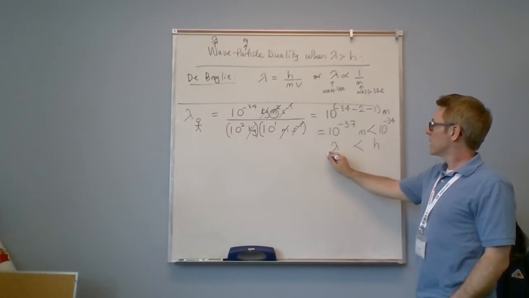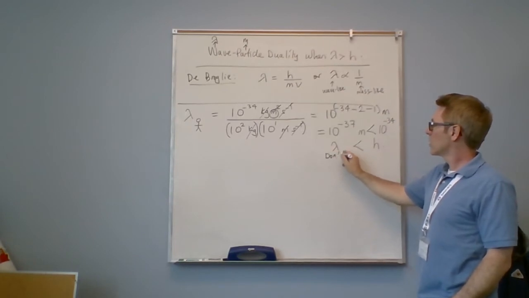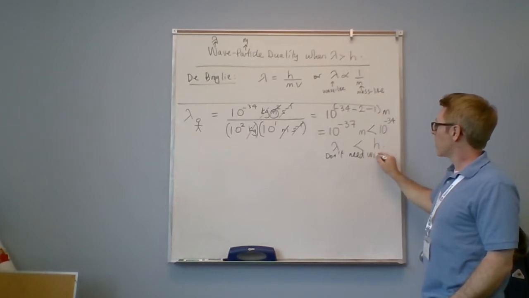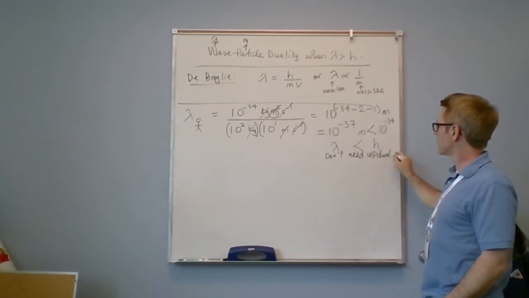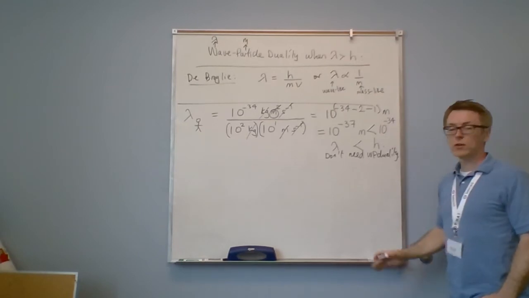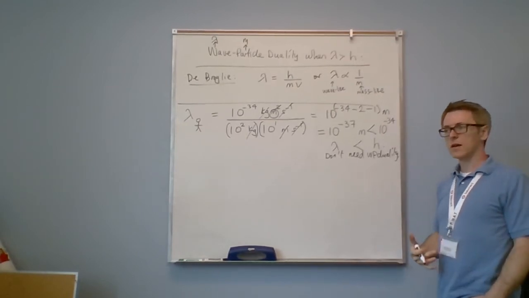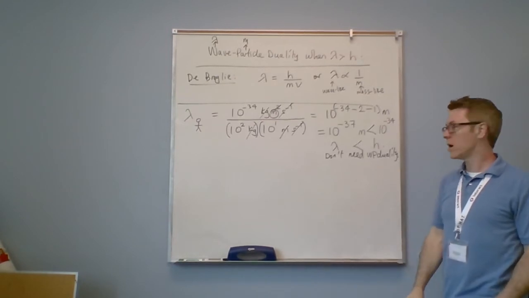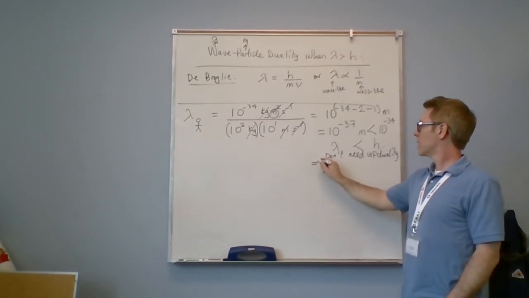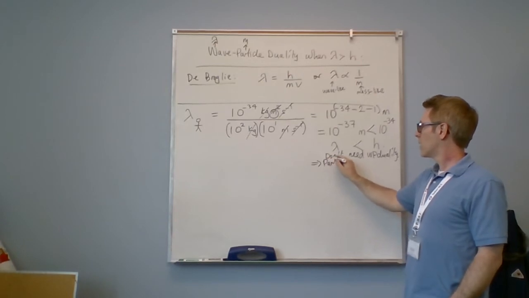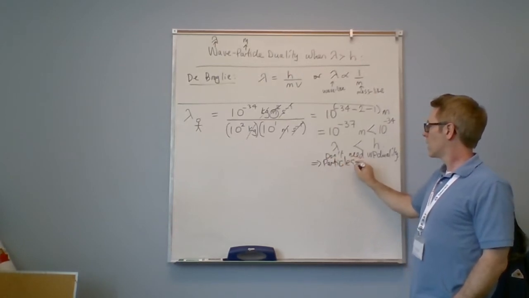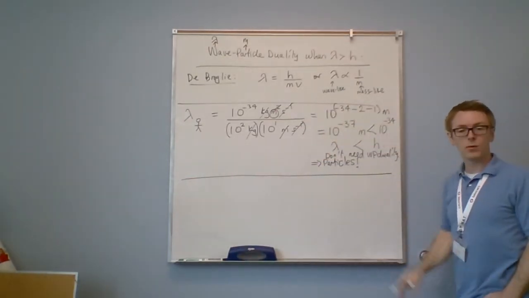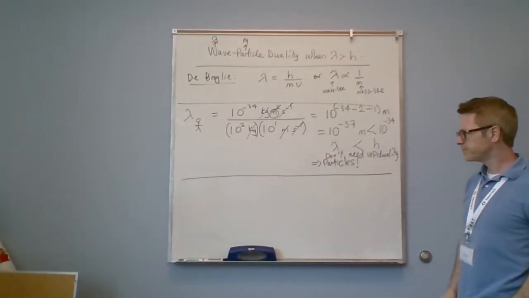So here I don't need wave-particle duality. I don't need to consider the wavelength of you or I. So you and I predominantly present ourselves to the world as particles.